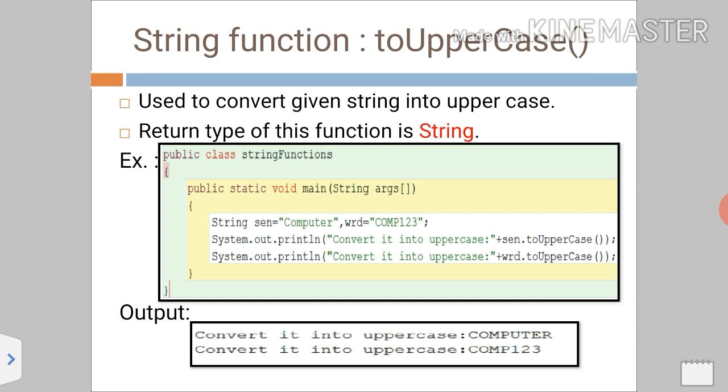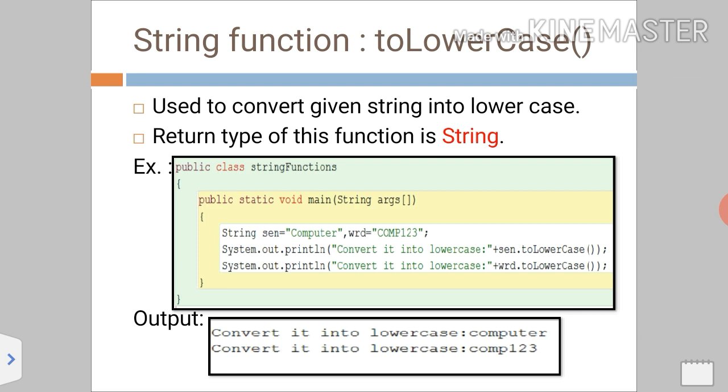And what is the next thing? toLowerCase. toLowerCase is similar to toUpperCase. It converts a string into lowercase, and it always provides us a string. See, sen is equal to "Computer" and wrd is equal to "COMP123". Same example I had taken for lowercase also.